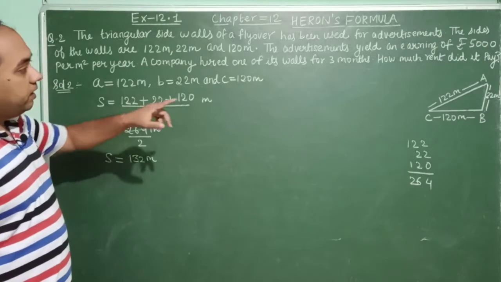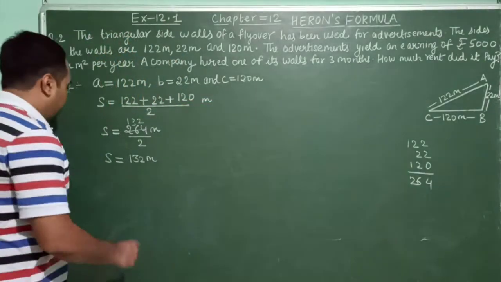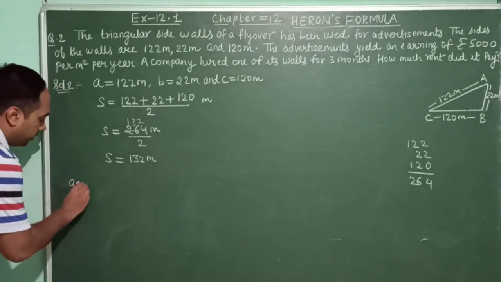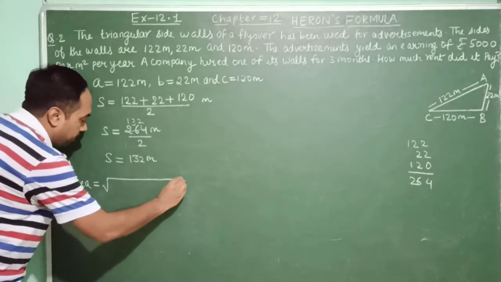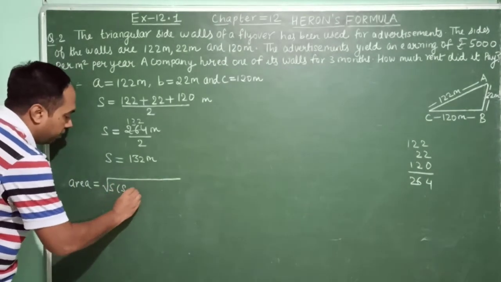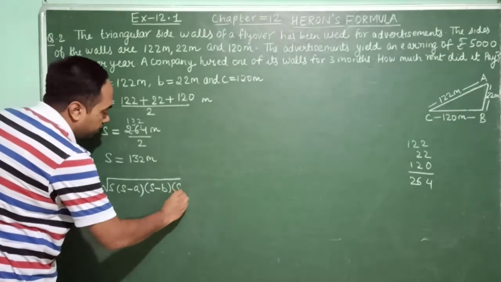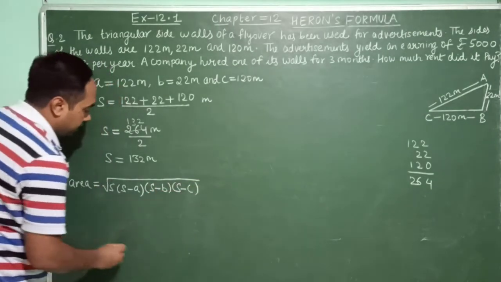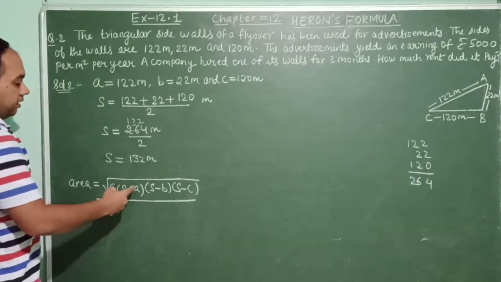Now we will calculate the area of this advertisement wall using Heron's formula. So area of this advertisement wall using Heron's formula is given by under root of S into S minus A into S minus B into S minus C. Now put the values of S, A, B and C inside the square root.